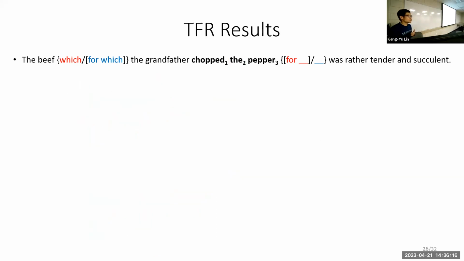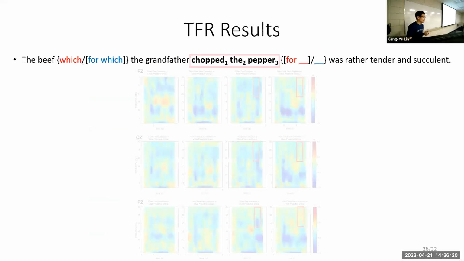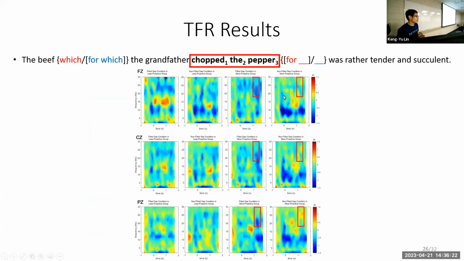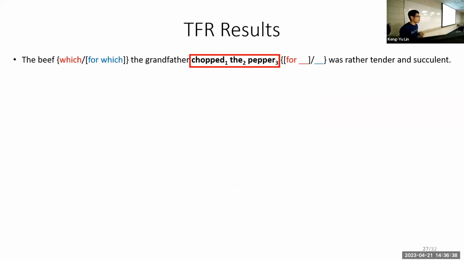The TFR result provides a complementary result. Again, our critical words are here, and based on the graph, the frequency bands that reached statistical significance are marked by the red box. And we are taking a closer look at the red box.